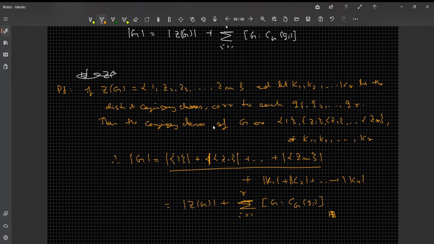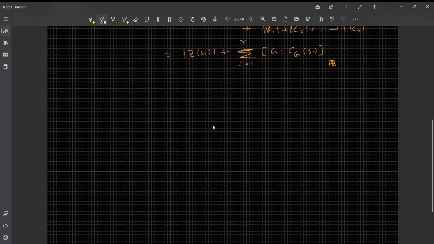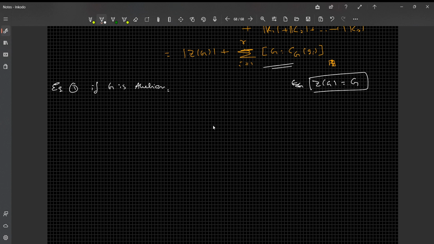Okay. Let us consider a few examples. Example number 1. What happens if G is abelian? So if G is abelian, then ZG is equal to G, right? Now if ZG is equal to G, then this thing has no value.